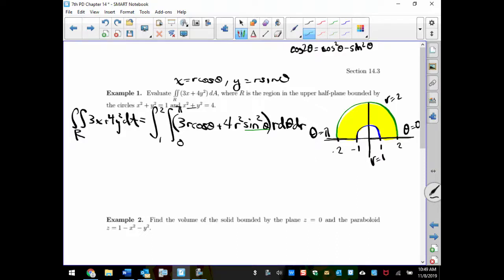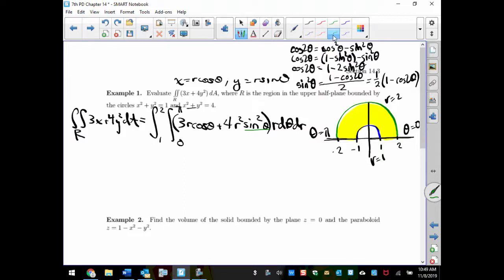If you replace the cosine squared with 1 minus sine squared, that's the Pythagorean identity, you get cosine 2 theta equals 1 minus 2 sine squared theta. Then if you solve for sine squared theta, you get 1 minus cosine 2 theta all over 2. We'll write it like this, 1/2 times 1 minus cosine 2 theta. So that is the double angle identity for sine squared.